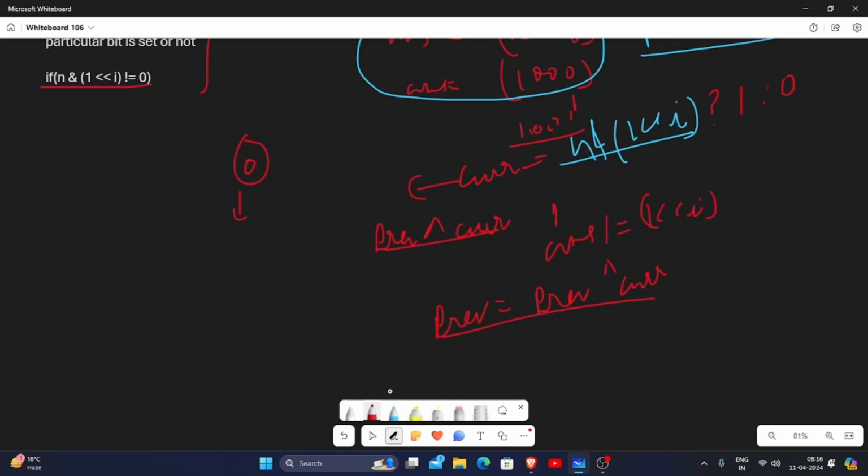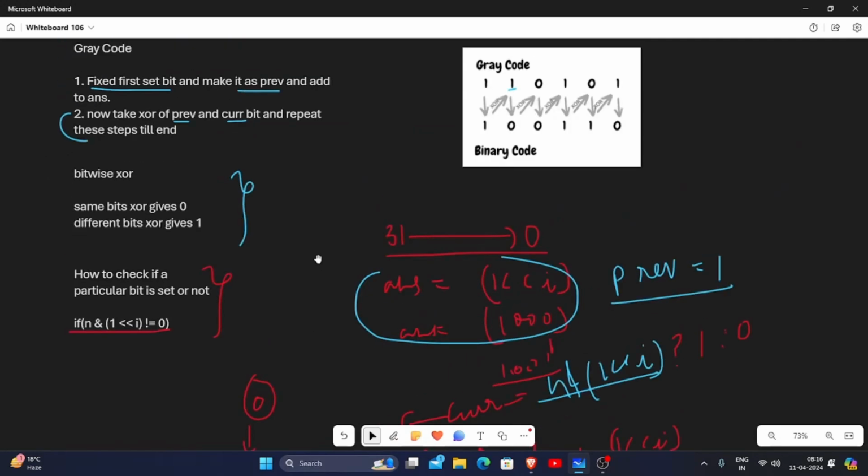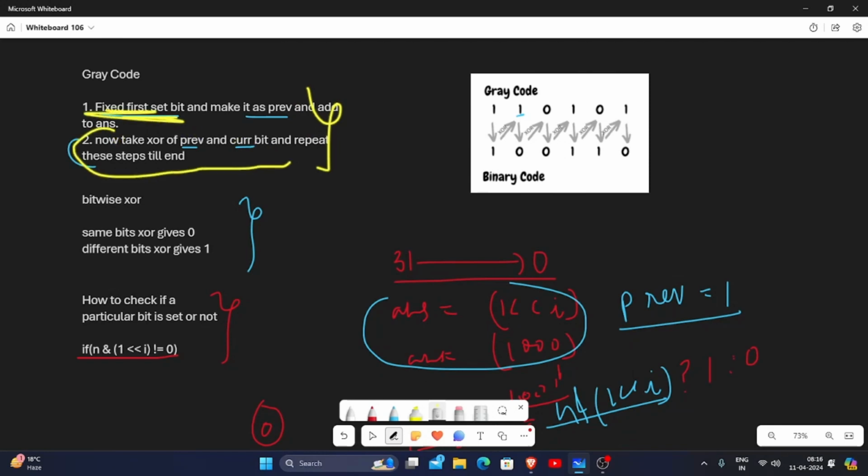So I think you now have a gist of what I'm saying, and now how we will be able to implement this. I will show you in the code, but the two steps that need to be considered are: fixing the first set bit, and after that taking the XOR of the coming bit and the upcoming bit.